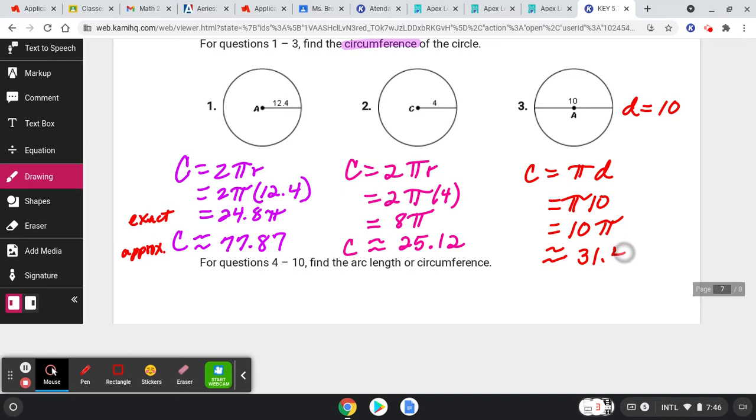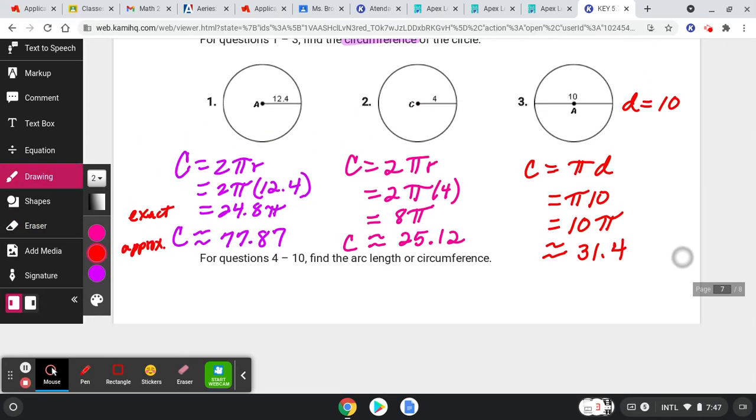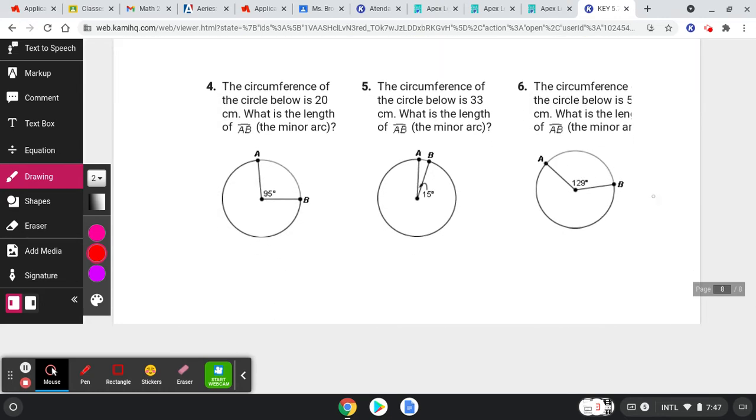Oh yes, we do, sorry. Approximately 31.4. Why am I rounding? Because 3.14 is not the exact pi, right? You know how pi goes on, 3.14, 13, blah, blah, everything. So that's why we have to give a rounded answer anytime we use pi. So that's just checking your circumference skills.